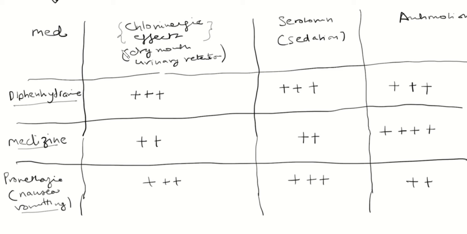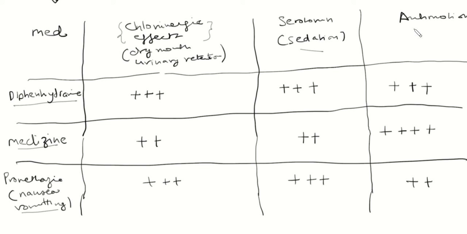And you'll study more about this when you study autonomic nervous system drugs. So for now, dry mouth, urinary retention, these are some of the things that one experiences with these drugs. So that's one classification. The other thing that these drugs do is they interact with the serotonin in the brain, causes sedation.